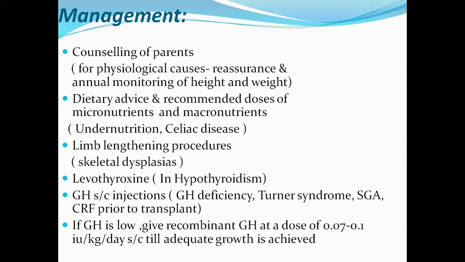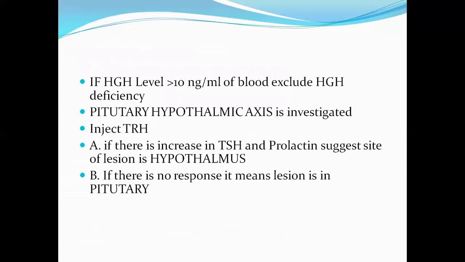That is important. If growth hormone is low, give recombinant growth hormone at a dose of 0.07 to 0.1 international unit per kg per day subcutaneous till adequate growth is achieved. If human growth hormone levels are more than 10, that excludes growth hormone deficiency.